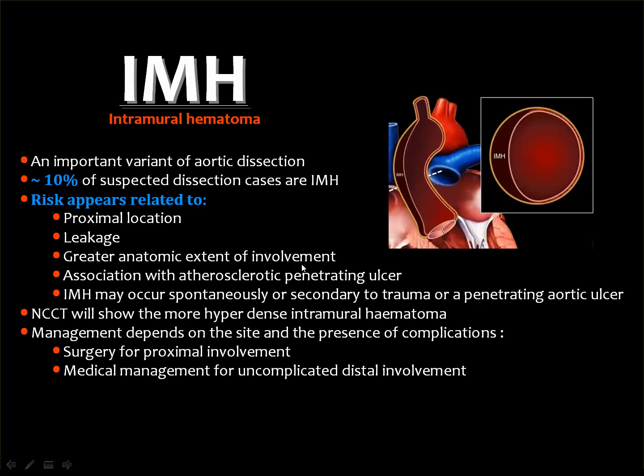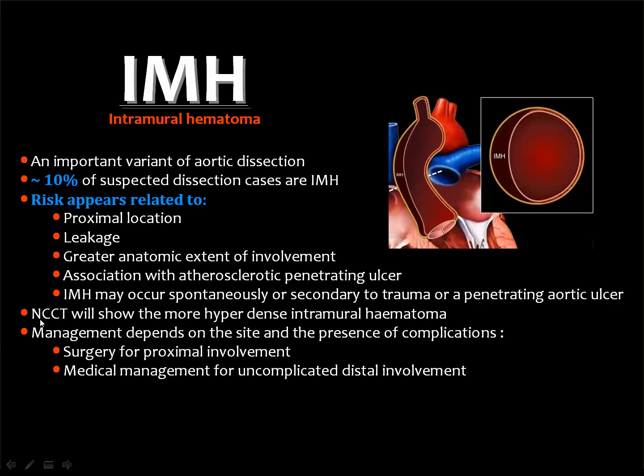And you remember that the intramural hematoma will not have the same extension as dissection. It is usually limited to about 8 centimeters, but the dissection can involve the whole length of the aorta. Intramural hematoma may occur spontaneously or secondary to trauma or secondary to a penetrating aortic ulcer.